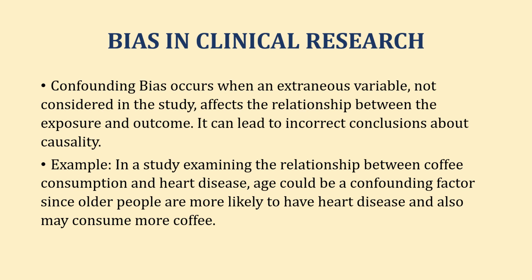It can lead to incorrect conclusions about causality. An example is in a study examining the relationship between coffee consumption and heart disease, age could be a confounding factor, since older people are more likely to have heart disease and also may consume more coffee.